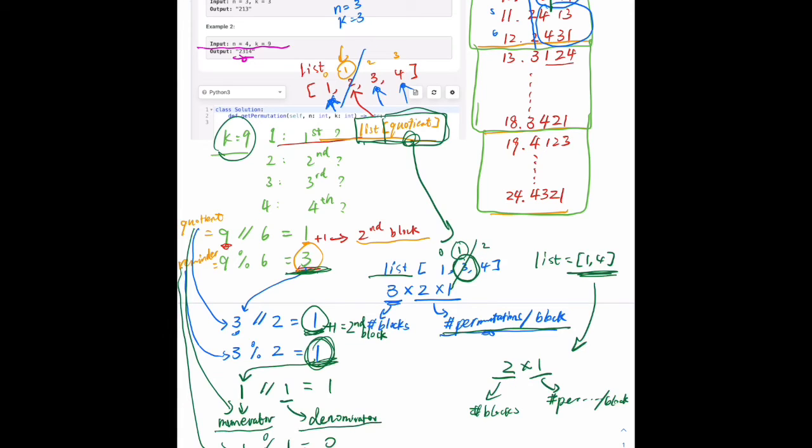And the denominator is always the number here, which is the permutations per block. When we have a list, we can get the length of the list. And this number is always the length of the list minus 1. We take the factorial of this number.